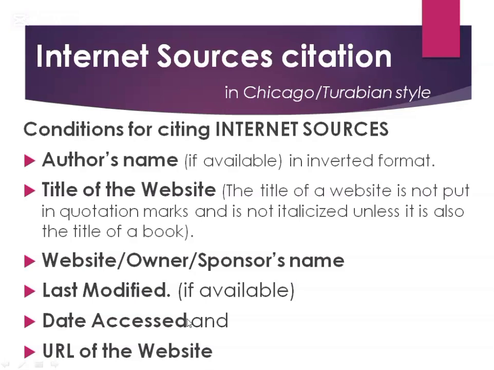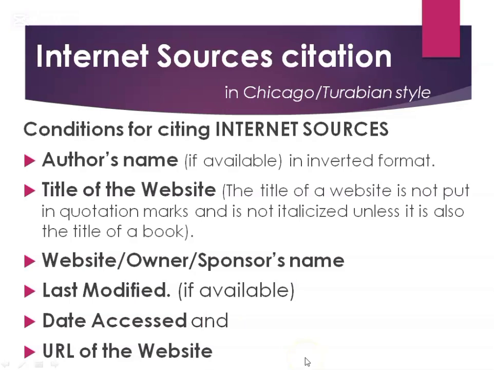How will they get that particular website? The URL of the website that you insert will help them to get the source of this website and to see more from this website. So how do you get the URL of the website? To get the URL of the website, just go to the address bar, click on it and copy it. Paste it immediately after the date accessed, then the URL has been well inserted.